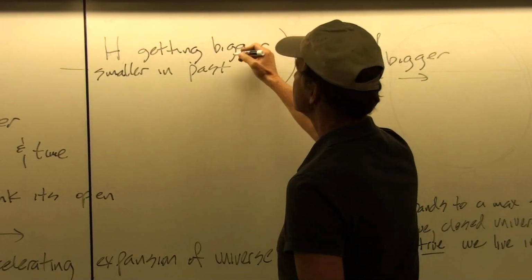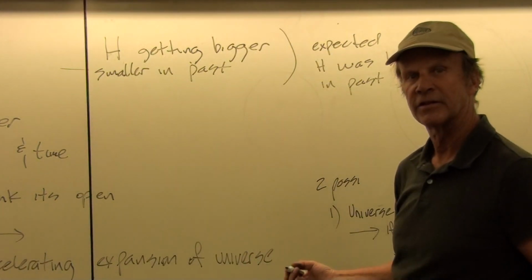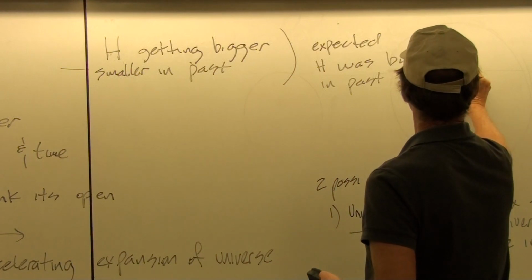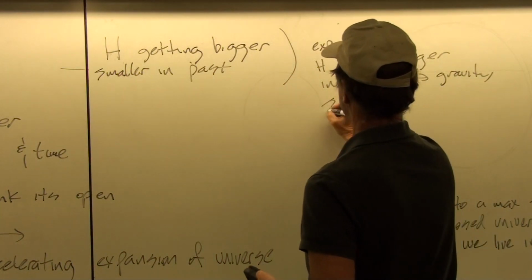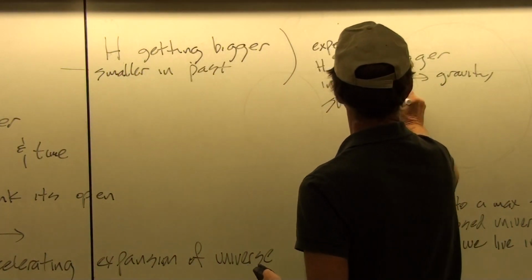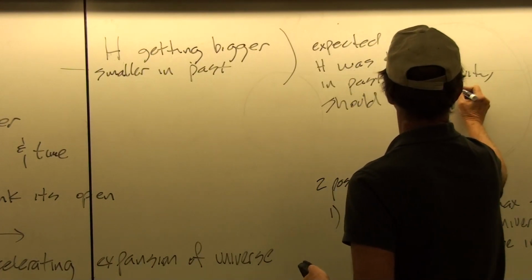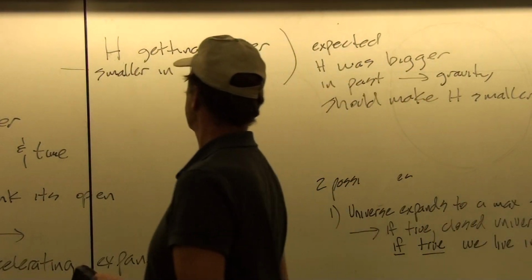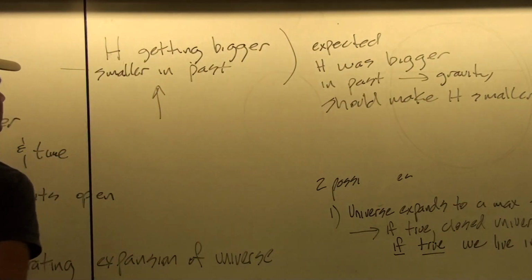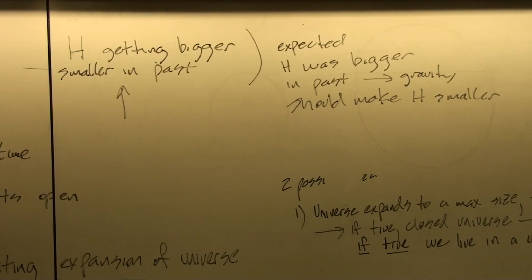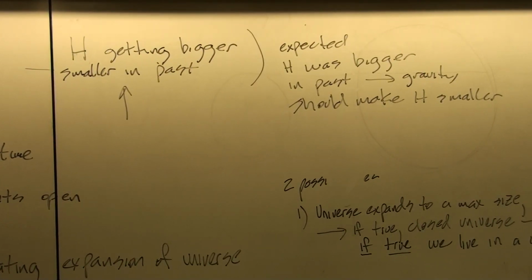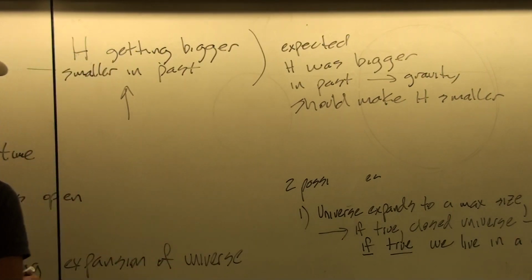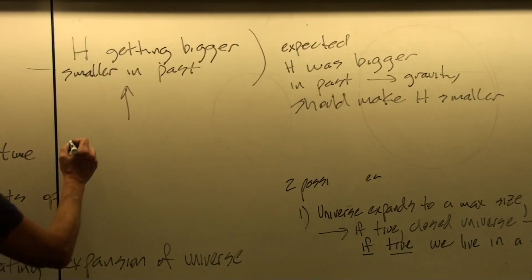And that gravity was slowing the rate of expansion and therefore making the Hubble constant smaller. But the only way that we know of to explain this is to say that the universe is accelerating. So this is evidence then for the dark energy.